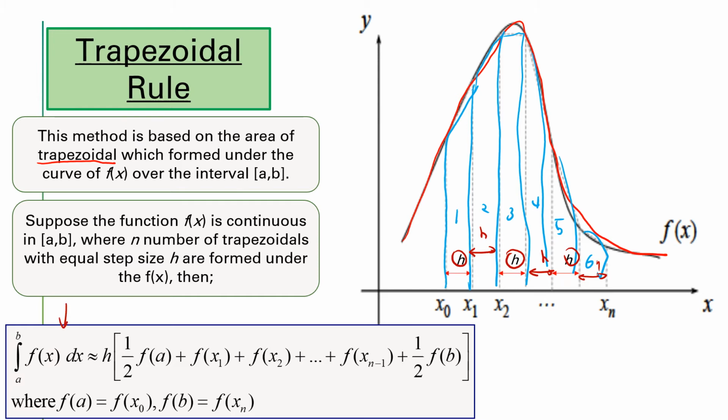The integration approximates h times 1/2 f(a), where a is the starting point, x0, plus f(x1) plus f(x2) until plus 1/2 f(b), where b is xn. So you must remember the trapezoidal rule is given by this formula.